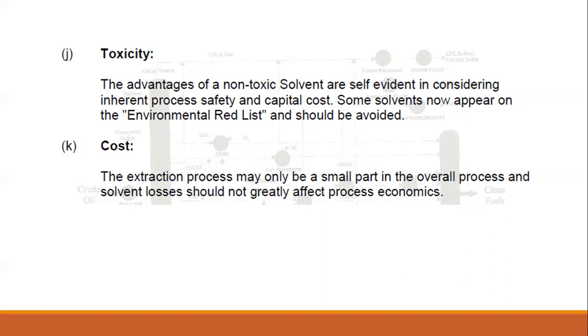Before doing that extraction, because a large amount of solvent is used, you must keep in mind the cost of the whole process, because extraction is usually not the only process you are doing. You have to evaporate it, or you have to make other things as well after the extraction process. This is only one of the steps in making a pharmaceutical preparation. So the cost should be kept in mind.